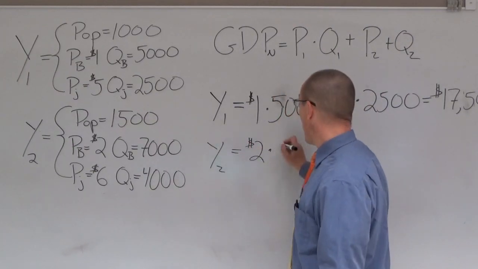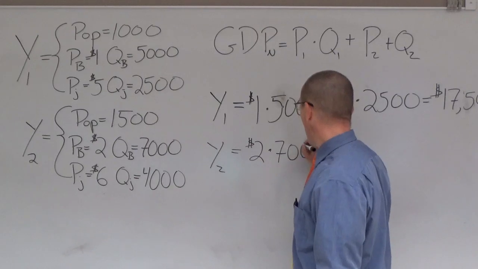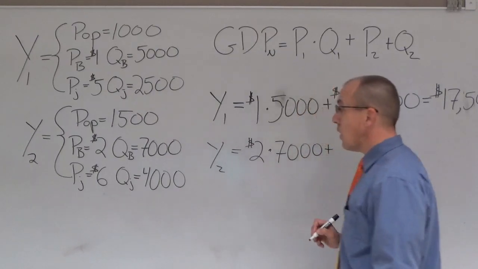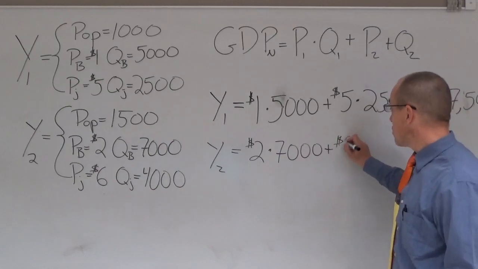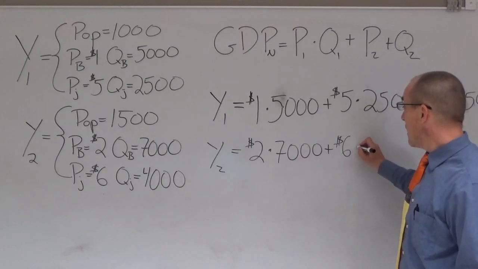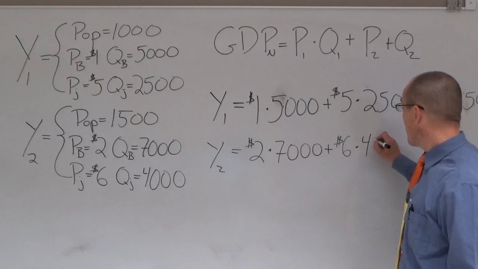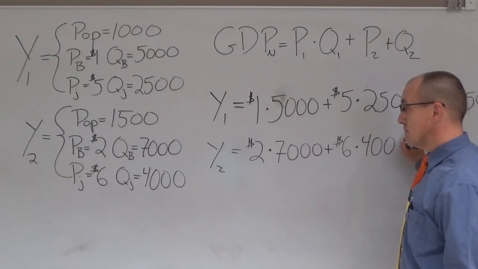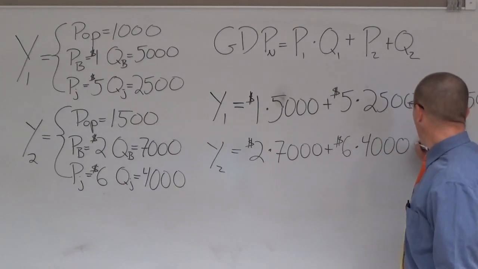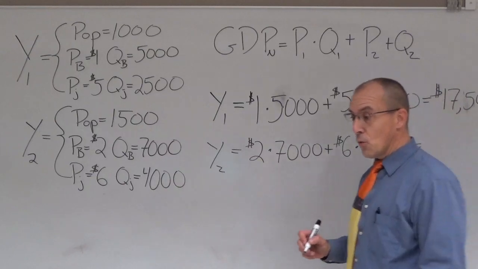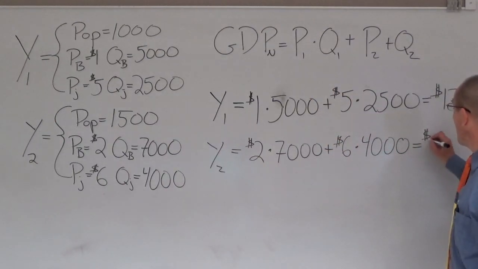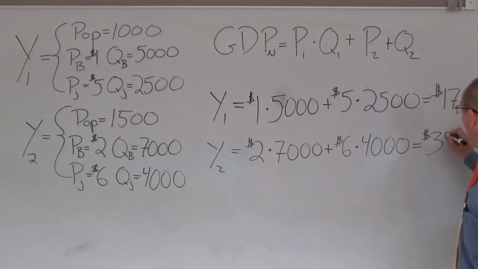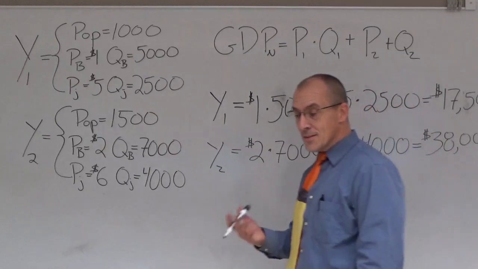They're making more, 7,000, plus jars of spaghetti sauce are now $6, and they're making more of those, 4,000. And in this case, when I put this all together, their total GDP should be 38,000.